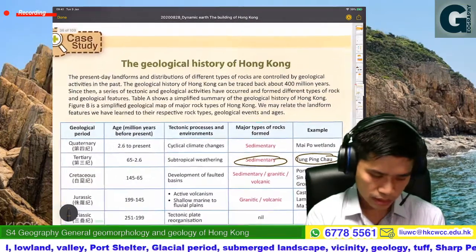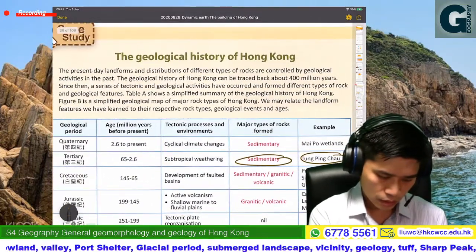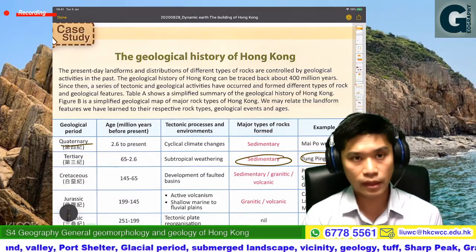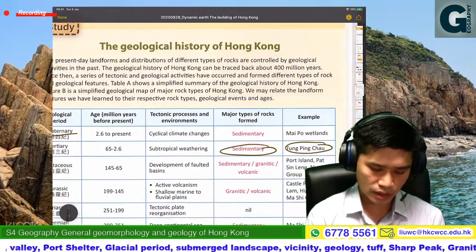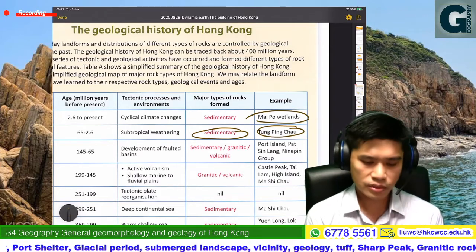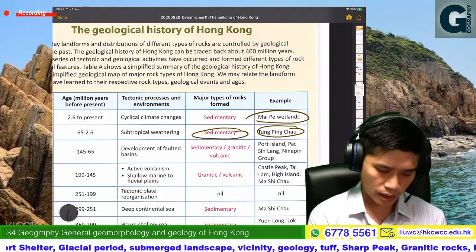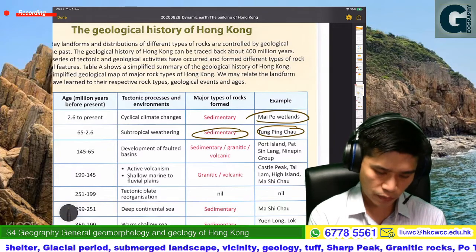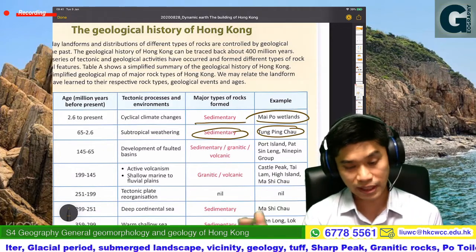What about the Quaternary? Okay, what about this period? Is that the youngest? So that is at the Maple wetland. Okay, I would say yes. This area would be the major type of rocks that would be sedimentary rocks.